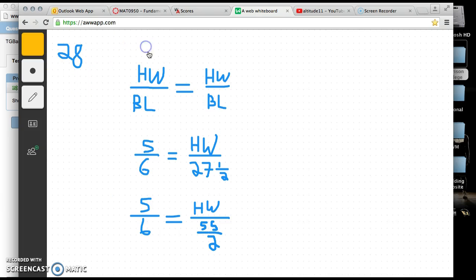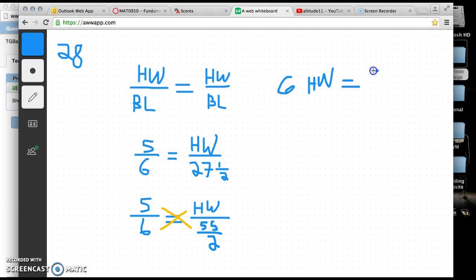So now, to solve an equation where you have two fractions set equal to one another, you need to cross multiply. So that will be our next step. Starting here, we have 6 times the height at the withers. So this is going to be 6 HW is equal to, and then on our other diagonal, we have 5 times 55 over 2.